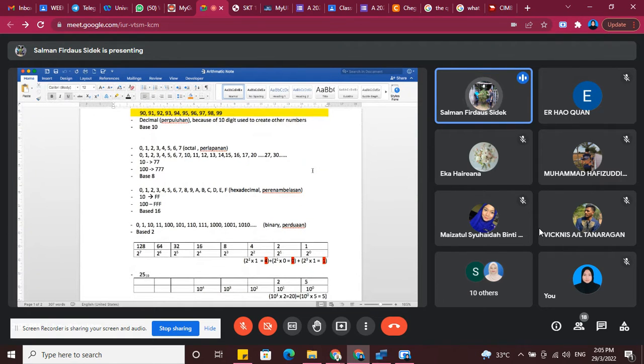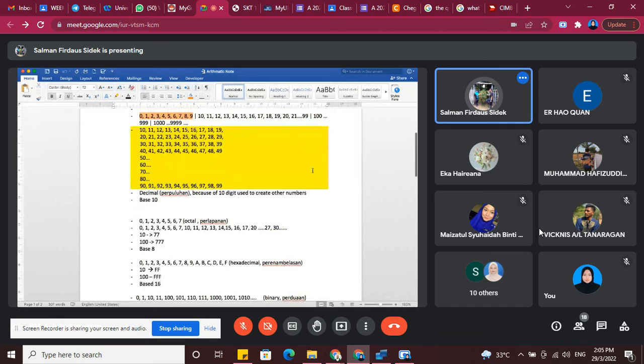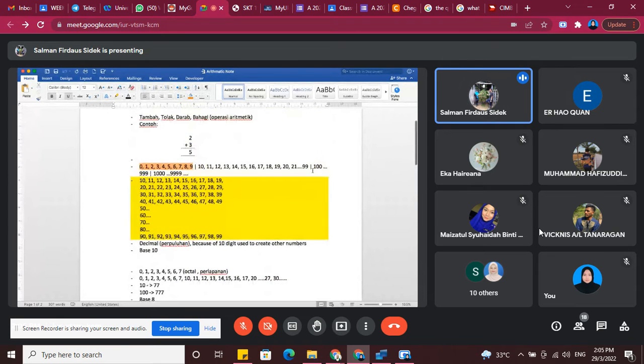So the main point that we have learned last week is about the number system. We start from the decimal number, which contains 10 digits. That is why we call it decimal in scientific terms, or perpuluhan, the other name for the system.